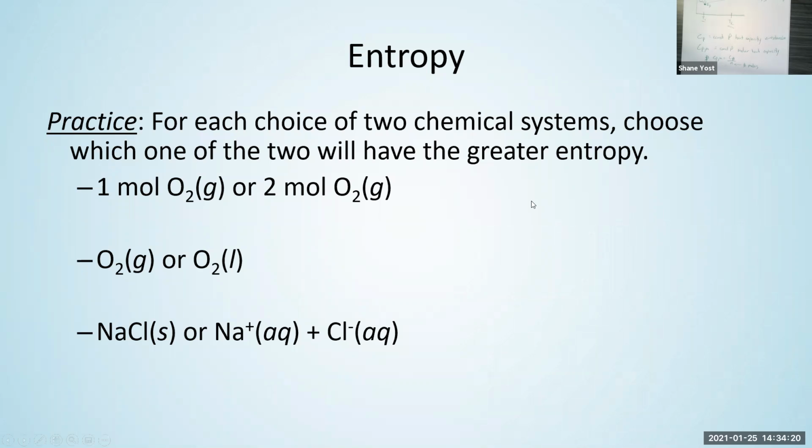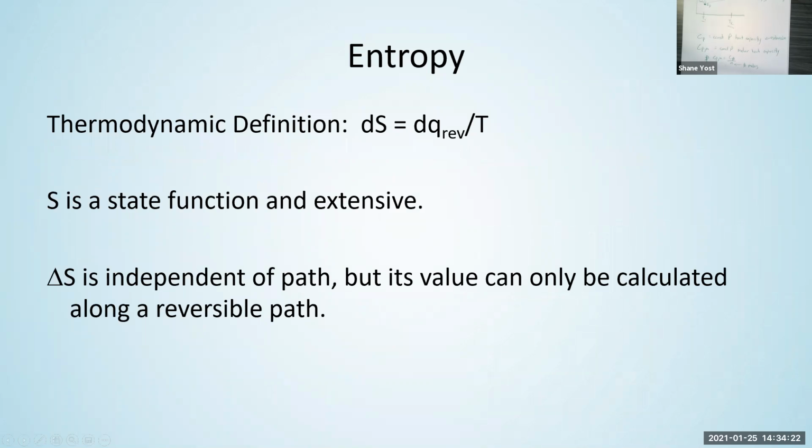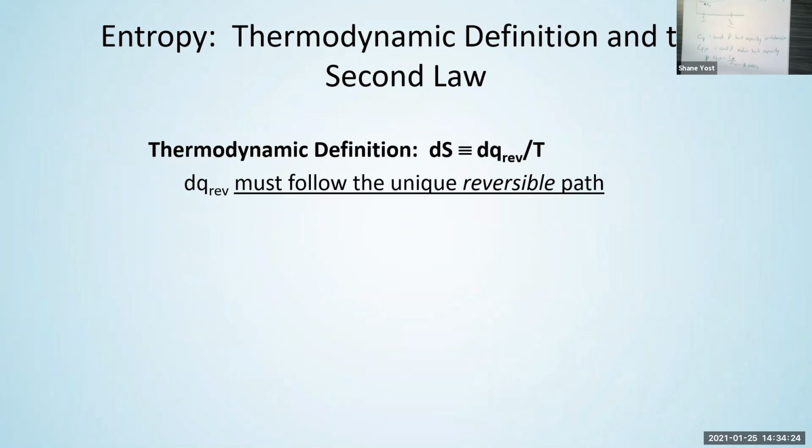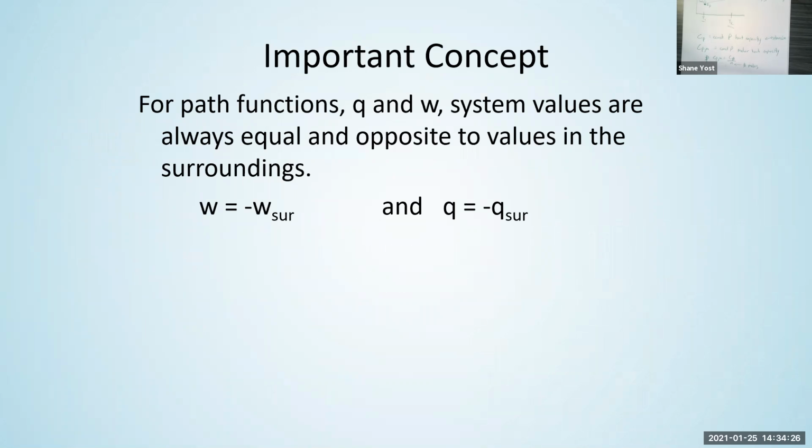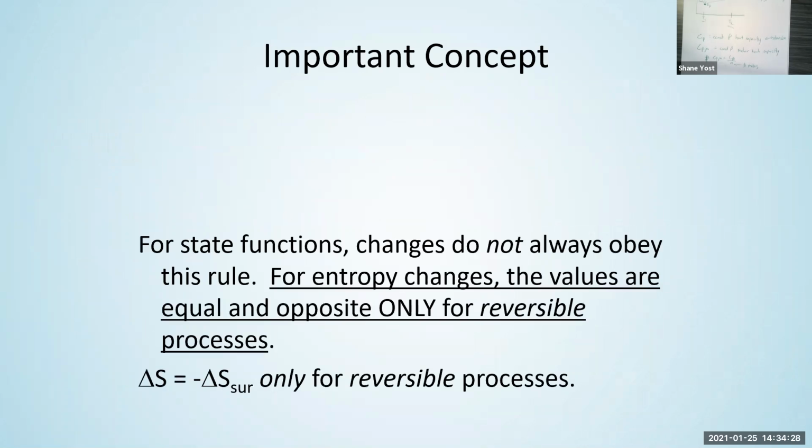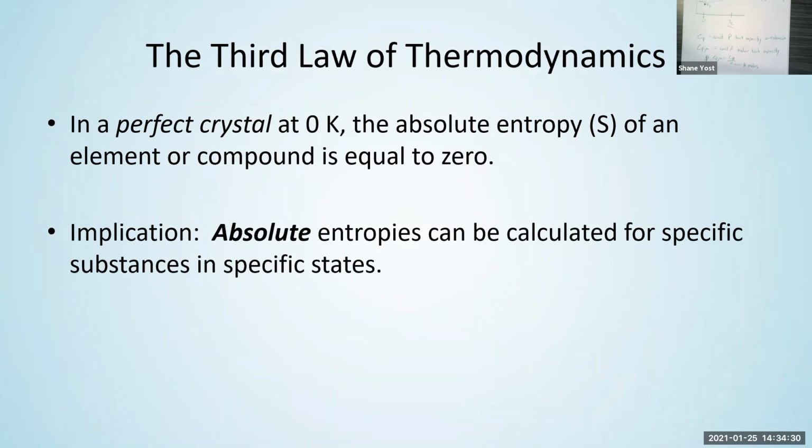So entropy is an extensive quantity, and there's also the third law of thermodynamics. Things have absolute entropies. The third law of thermodynamics states that a perfect crystal at 0 Kelvin has 0 entropy.